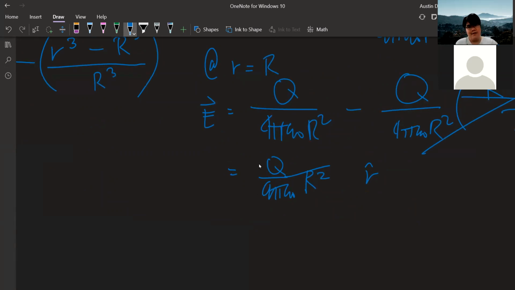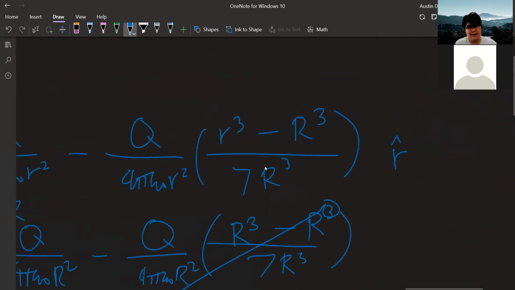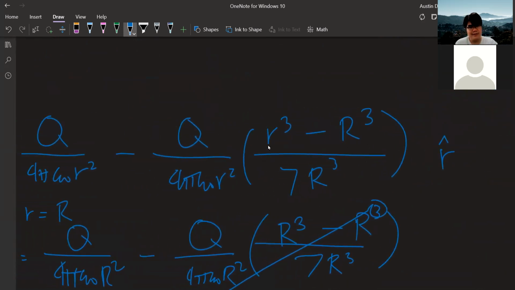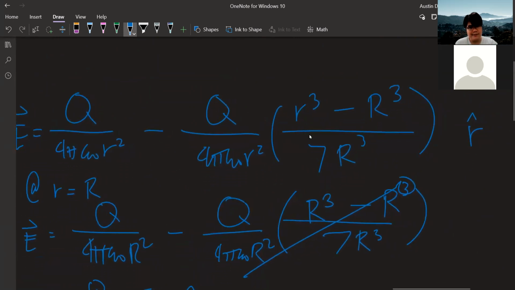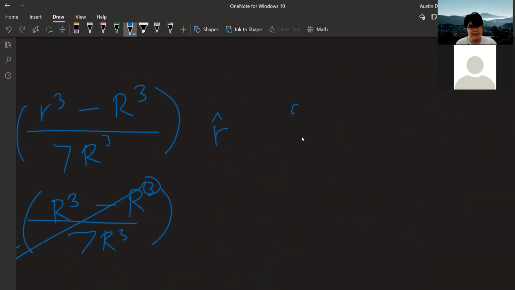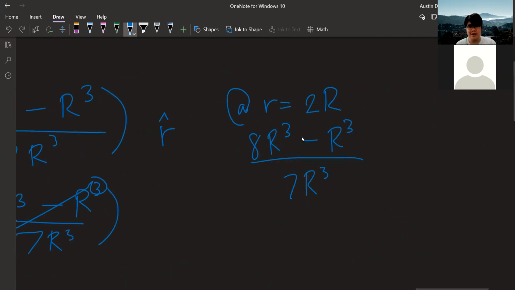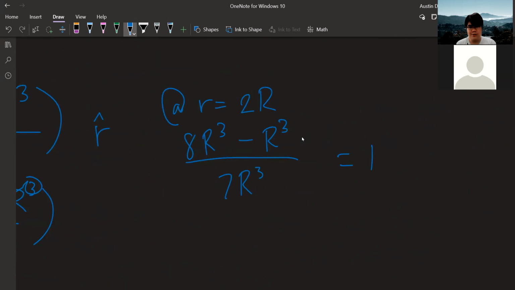And going outside, when you plug in 2R here, r is equal to 2R, the factor in the second term becomes 8R cubed minus R cubed over 7R cubed, and this is just equal to 1.